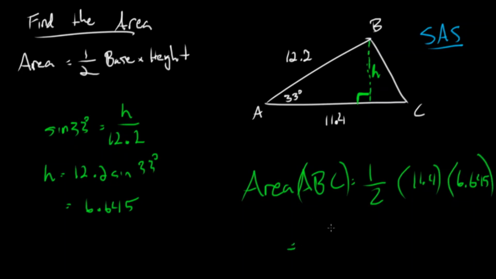That ends up being 37.874, just from calculating this, units squared, or u squared. We don't have any units in this problem. All right, we just found the area of a triangle given two sides and an included angle.